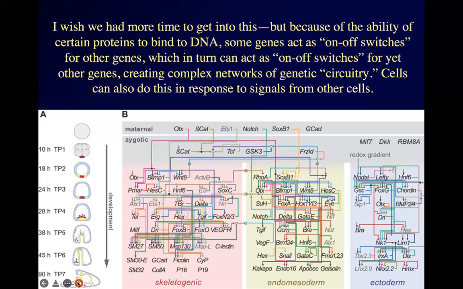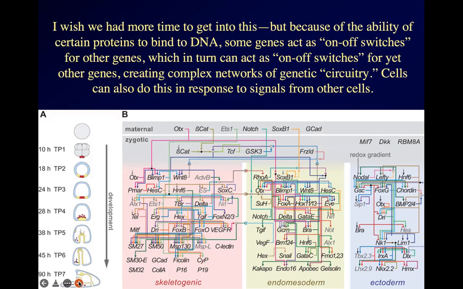And this is what you're looking at in the diagram. Every one of those colored lines shows how one gene either promotes or represses a different gene. And so all of these lines are the ways that the expression of one gene affects the expression of other genes. And you end up with this network of genetic circuitry.